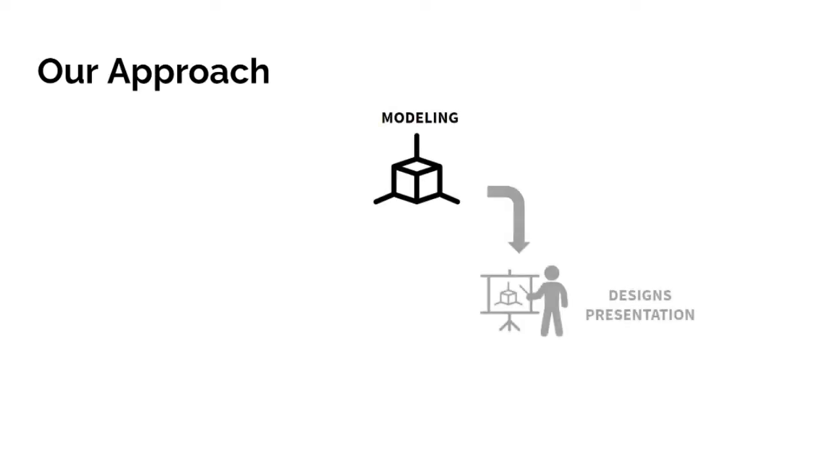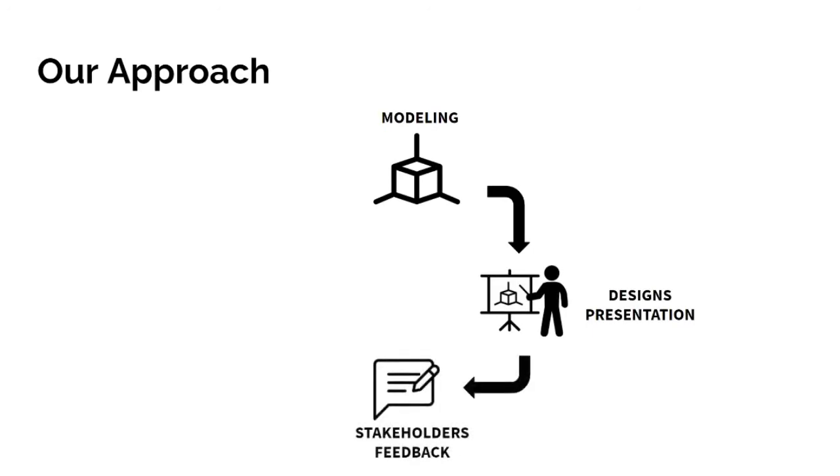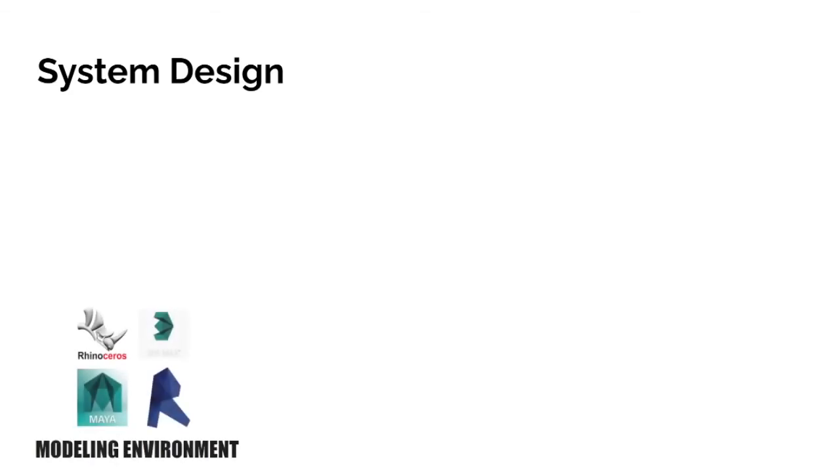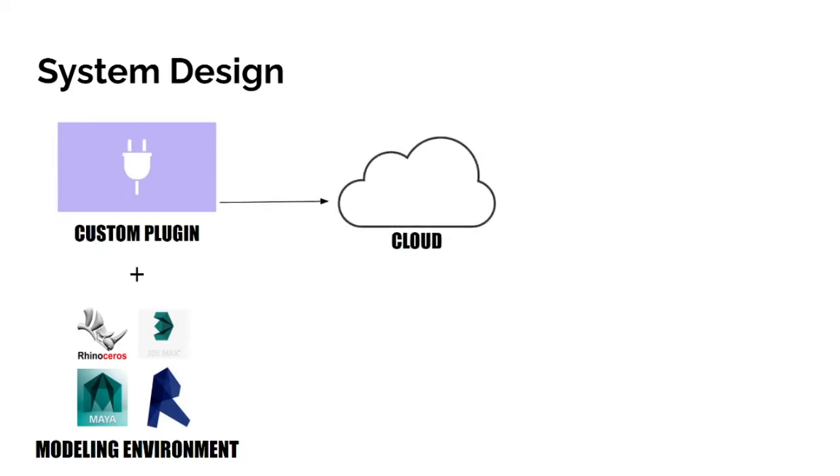Our approach is to develop a system that supports collaboration and decision making throughout the design cycle, from modeling to design presentation to stakeholders, to feedback, to feedback presentation and back to modeling. The design of the system starts from an integration with any modeling environments such as Rhino, 3D Max, Maya, Revit, etc. and the integration of a custom plugin that is responsible for the curation and update of design alternatives to a cloud.